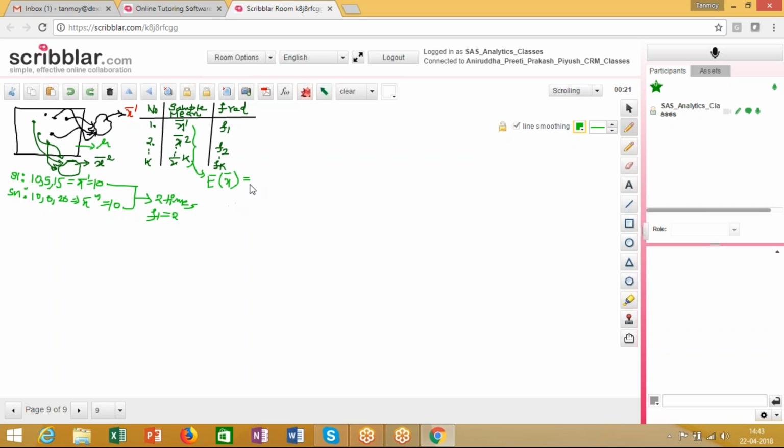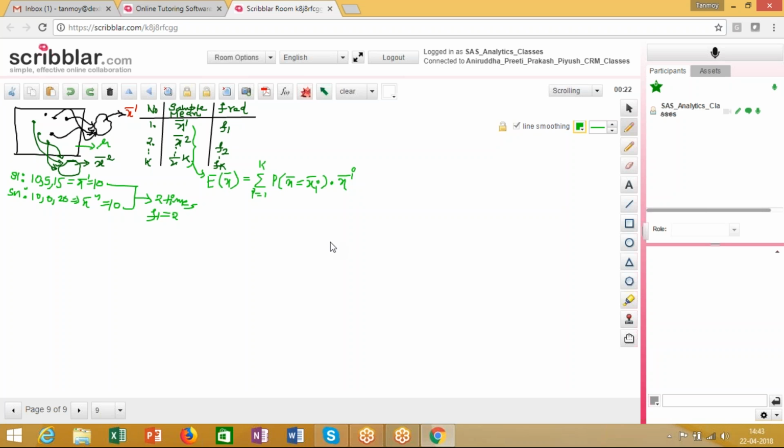Expectation is the summation from i equals 1 to k, where we have k samples, of the probability of x bar equal to x bar i, into x bar i.